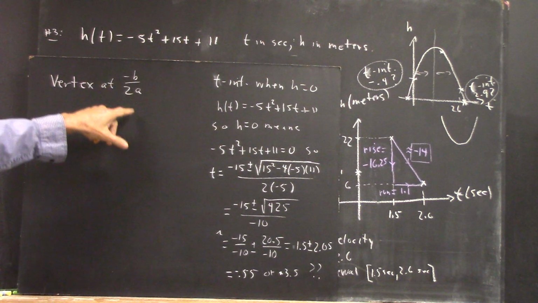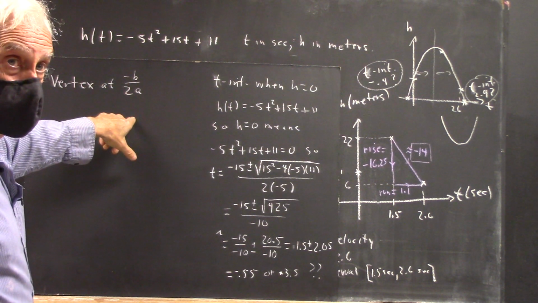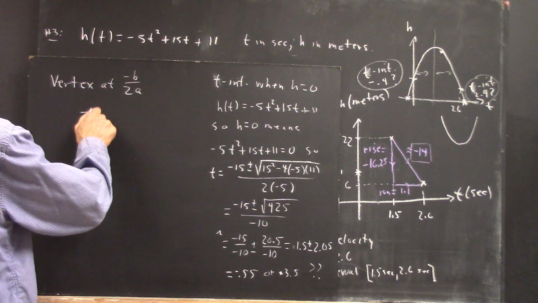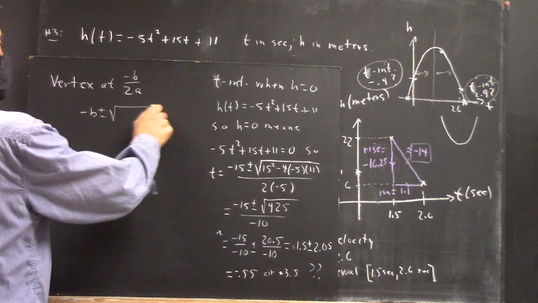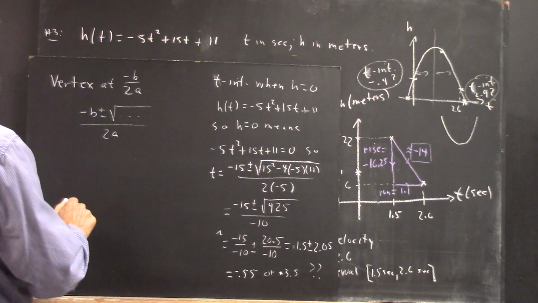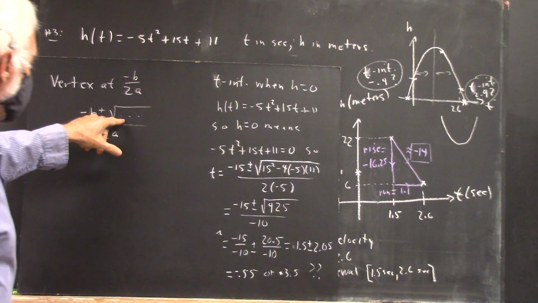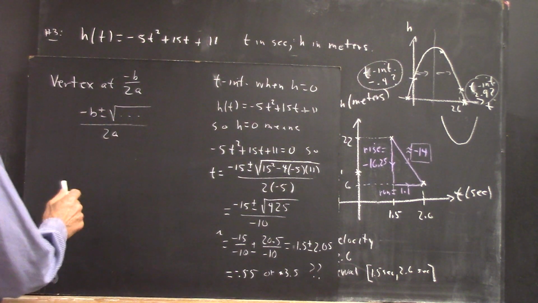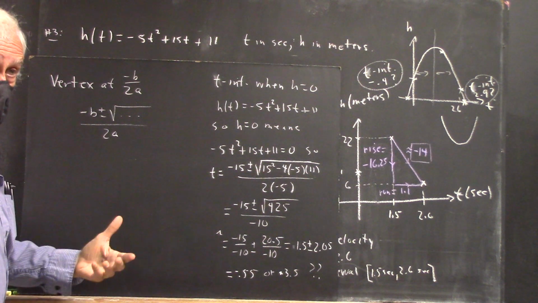The vertex is at negative b over 2a. I'll remind you, I'm pretty sure I've said it, the quadratic formula is negative b plus or minus the square root of a bunch of stuff over 2a. This doesn't matter if you're just trying to find the vertex. Of course, it matters if you're trying to find the zeros, right?